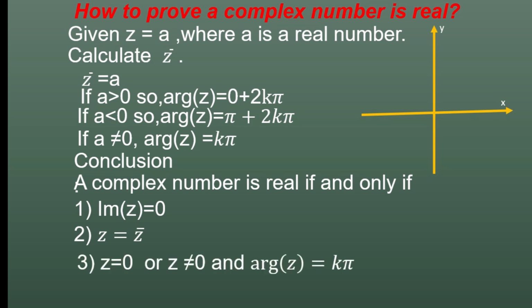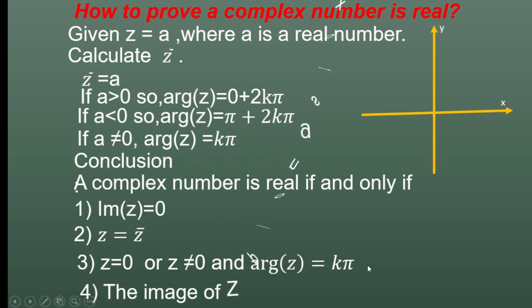If z equals 0, z is a real number. And if z is different from 0, we prove that the argument of z equals k pi. The image of z belongs to x prime x. When the image belongs to x prime x, then the complex number is real.